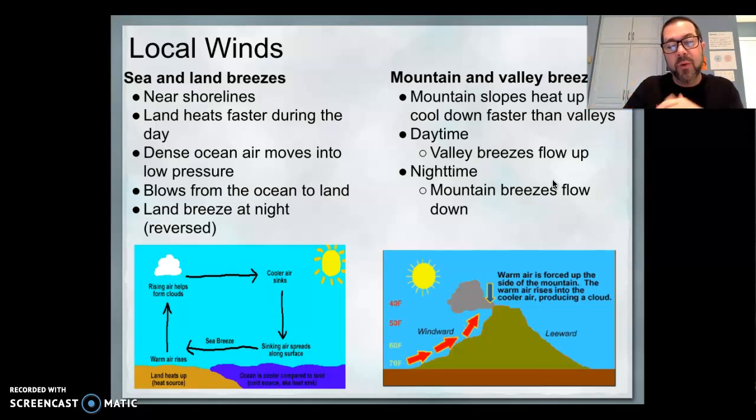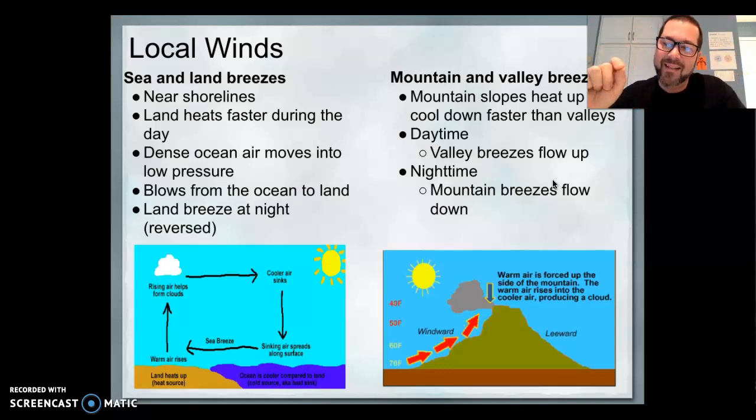So during the day, what happens is you get this dense ocean air moving towards low pressure that is created over the land. All right, so the wind is going to essentially hit you in the face. Now, if you go back out at night and you try this same experiment, you just stare out at sea, you're going to notice that the wind is going to be hitting you in your back.